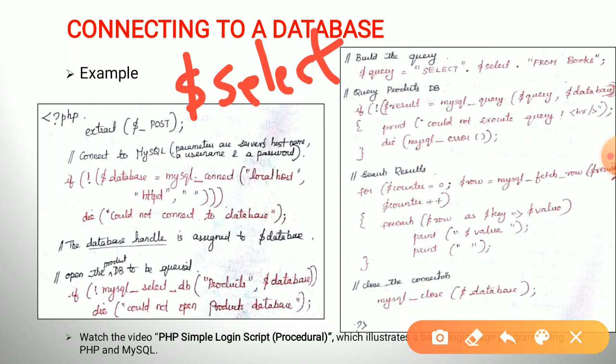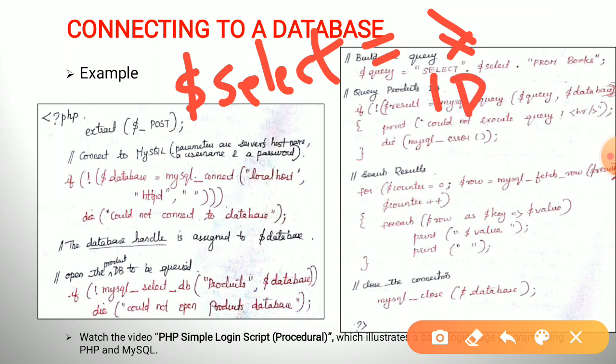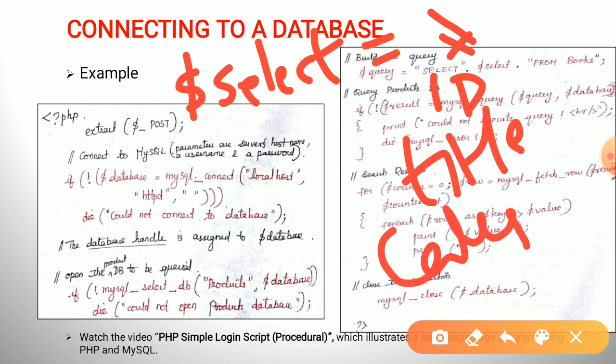It will be available in $select. So $select can be star, it can be id, title, or category.